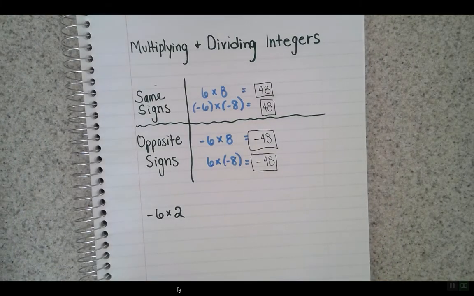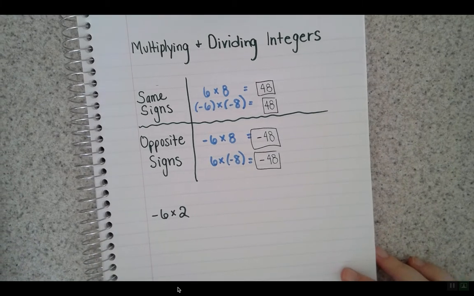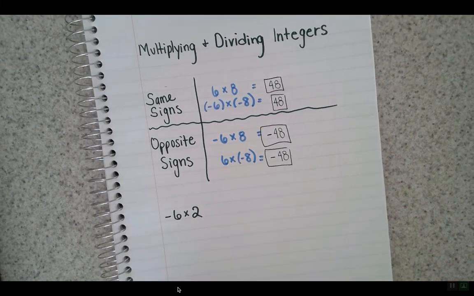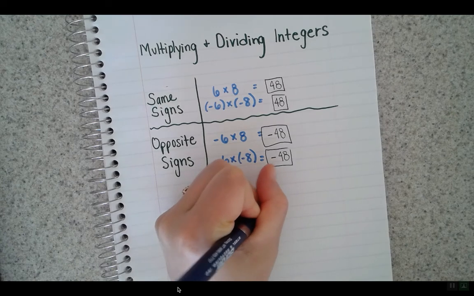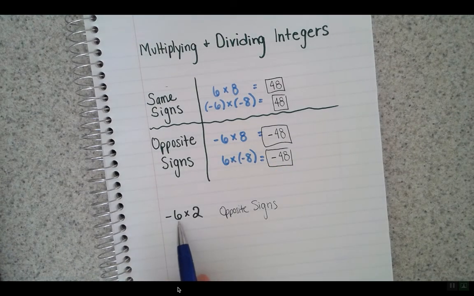Okay? And that's the pretty simple rule that you follow when you are multiplying or dividing. Now, a couple additional things I want to show you. Let's do this bottom example here. I have a negative 6 times 2. Is this an opposite signs problem or a same signs problem? Hopefully you're all thinking opposite, because the 6 is negative, but the 2 is positive.